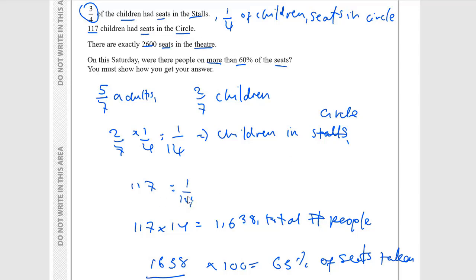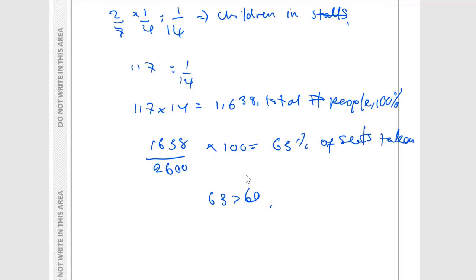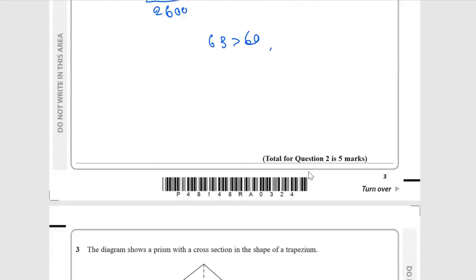So 117 is equal to 1 over 14. So 117 times 14 will give us 1,638, which is 100% of the people that were there on the seats. And 1,638 over 2,600 multiplied by 100 gives 63 percent of the seats taken.